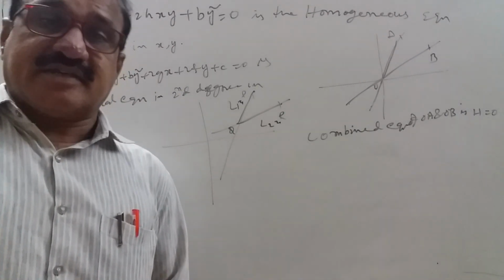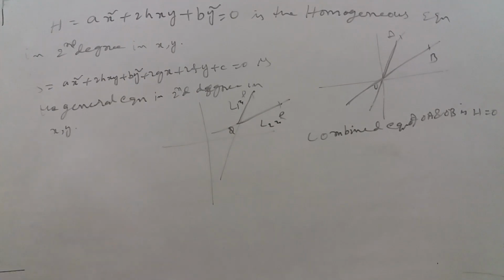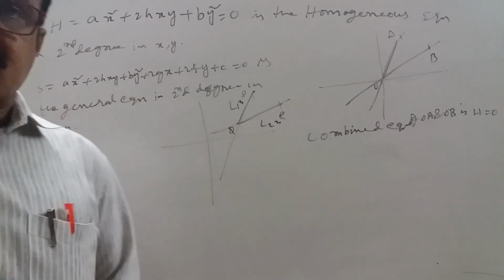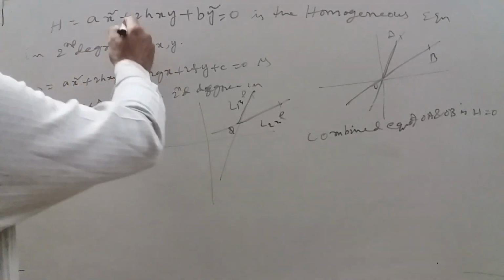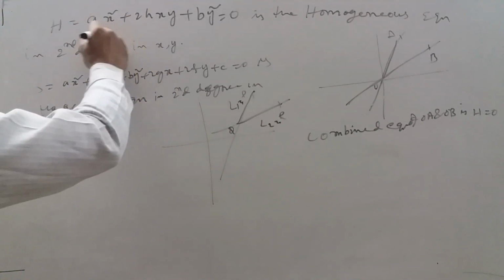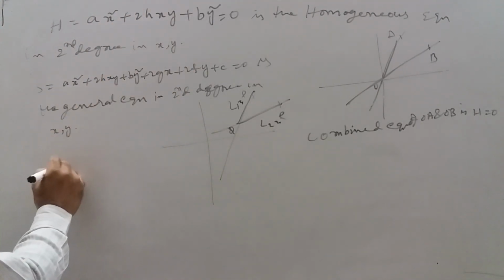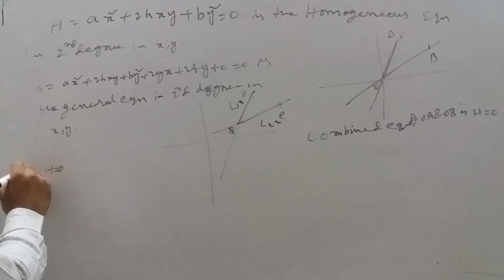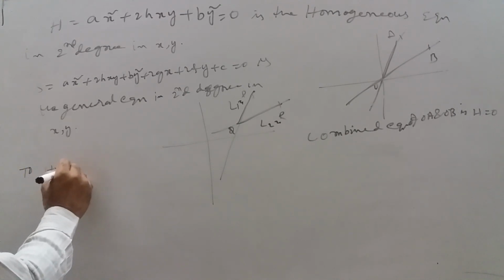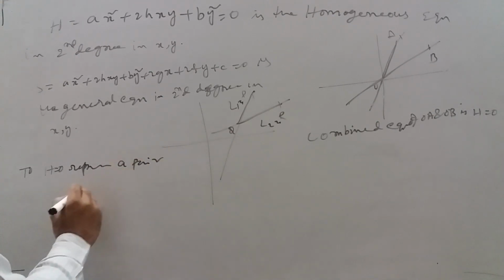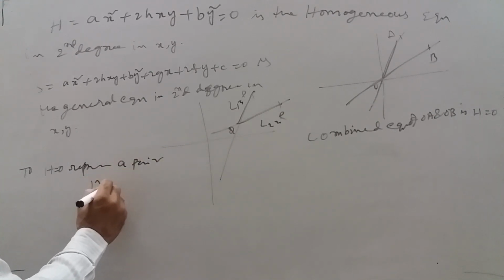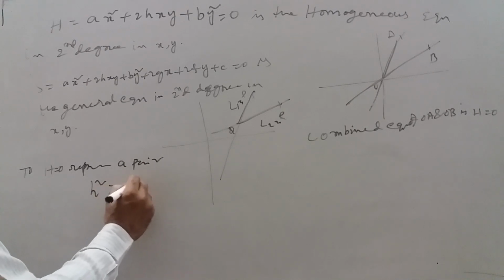Is there any condition for a second degree equation to represent a pair of straight lines? Yes, there is a condition. In this case, if H is equal to 0 represents a pair of straight lines, the condition is h square greater than ab.